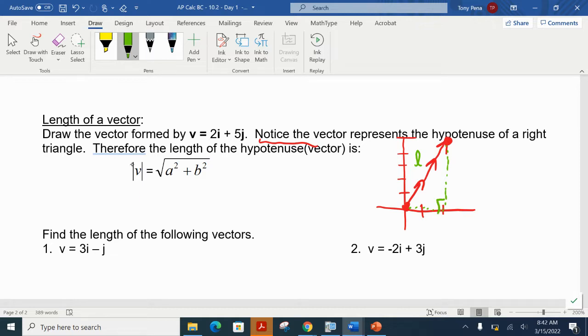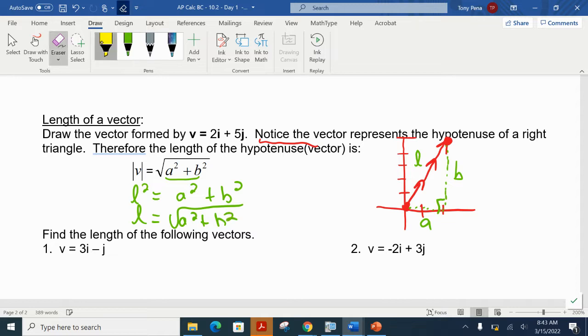So if we start talking about the length squared equals, we'll call this A just for the sake of what I have written here, and then our vertical change will be B. Then the length of our vector is the square root of A squared plus B squared. And then typically you will see this written with those absolute value bars here. So I'm just going to erase the L, replace it with the vector and the magnitude of that vector. It's just the length of this vector. Whatever that gives you, that's the length of our vector. So it's magnitude.